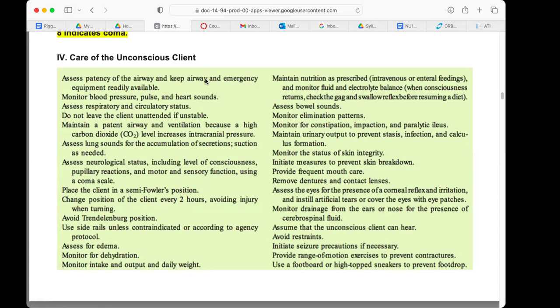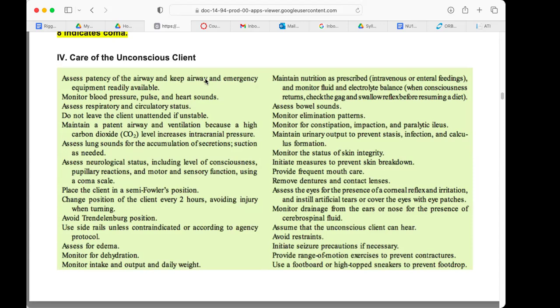So when you're talking about an unconscious patient, your number one priority is always airway because they cannot protect their airway. That is why, when we're talking about an ICU patient that's unconscious, 9 times out of 10, they are intubated. Okay. And so once a patient is intubated, we have secured their airway. And we'll learn about that in Module 6, respiratory.